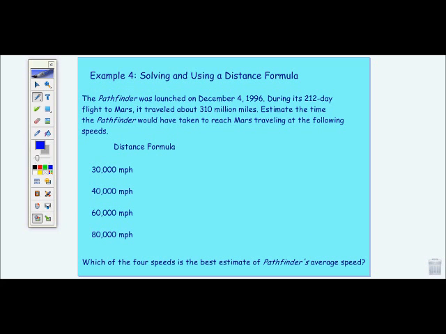Example 4 is going to be using the distance formula. The distance formula is originally what you have learned: distance equals rate times time.